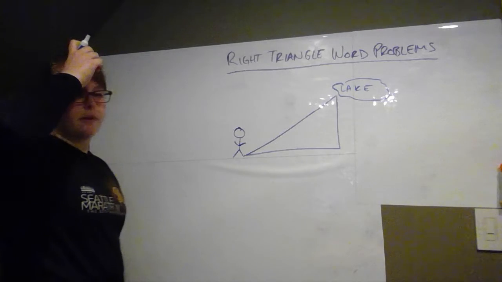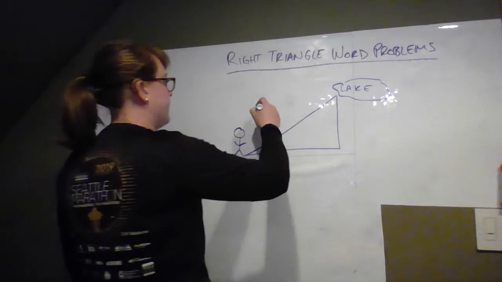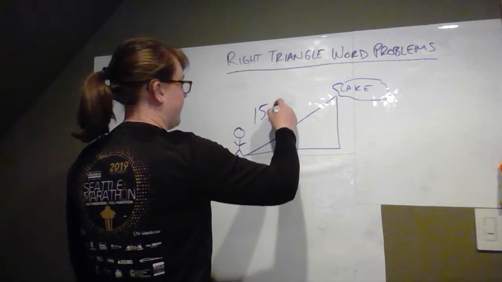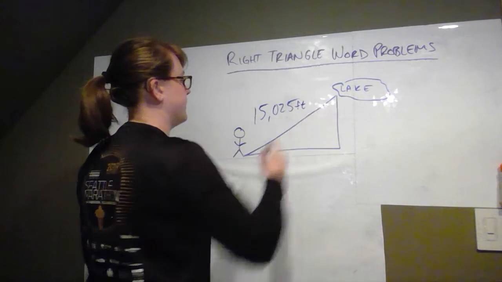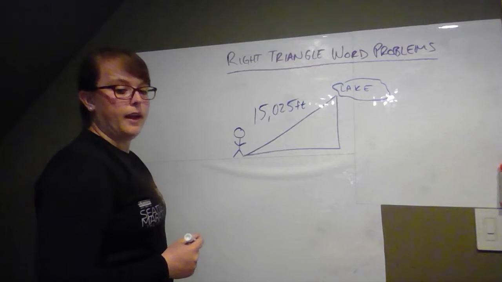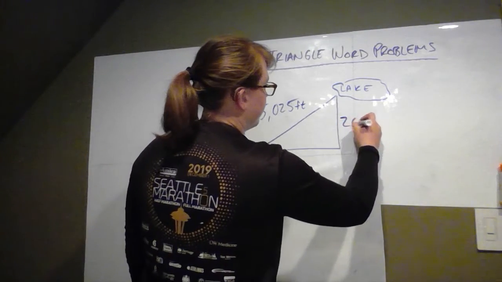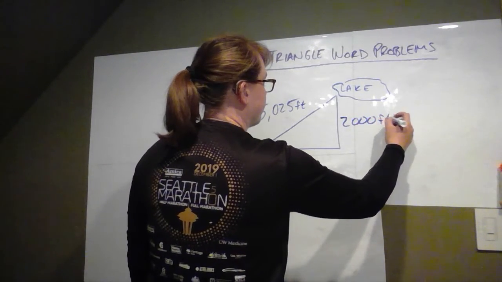And let's say you know that your hike is 15,025 feet that you're going to spend hiking, and that you're going to gain 2,000 vertical feet.